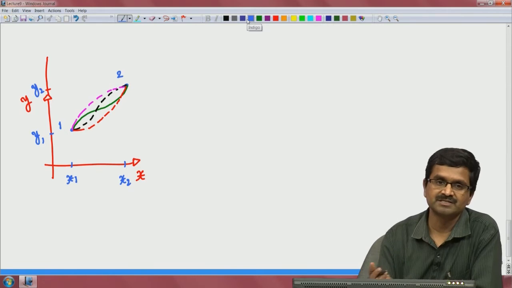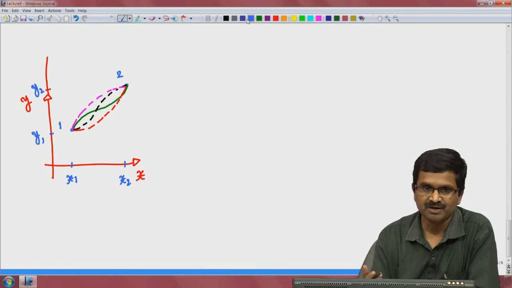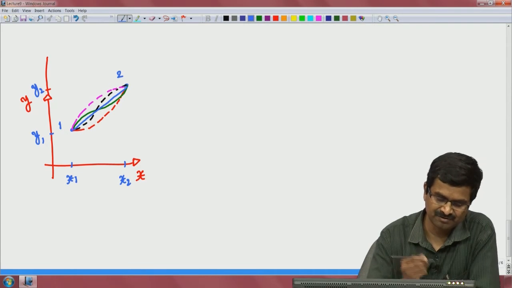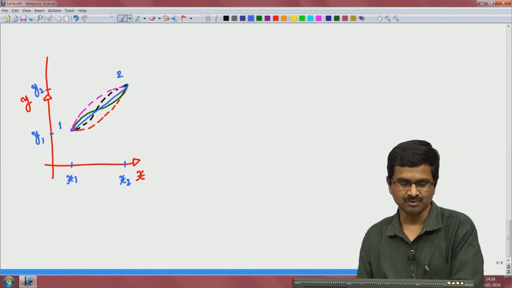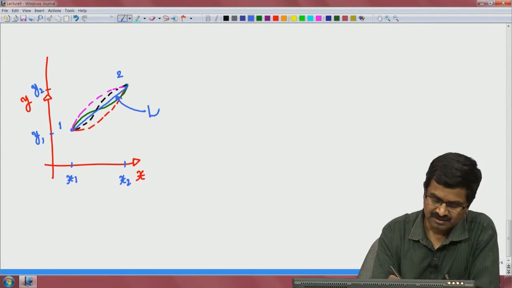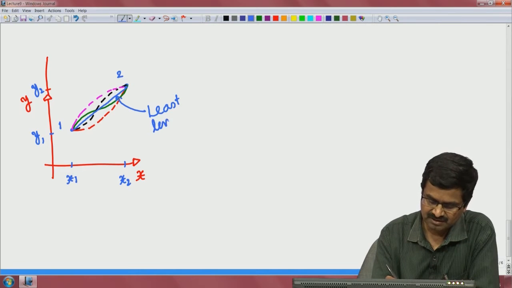If I give you 2 points in a plane and somebody asks you which curve will have the least length, immediately your answer would be that it is a straight line, because we can see that here. If I draw a straight line between point 1 and 2, that will have the least length.